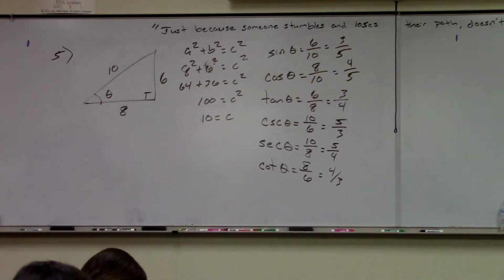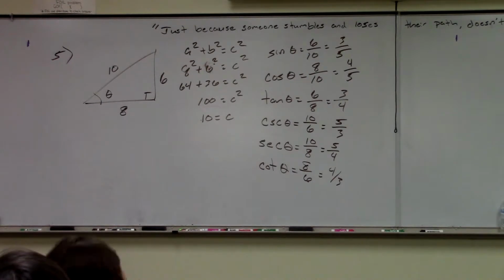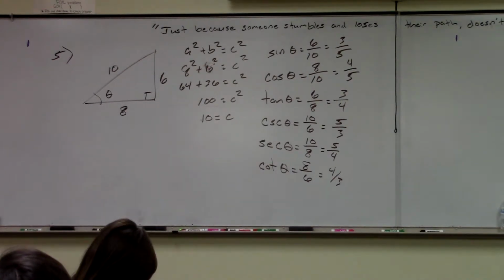Is that all of them? Is it just a flip though? The second group of 3 is just a flip of the first 3. That's it. Are we going to have to memorize those? That's why it's on your unit circle. Actually, no, you won't have to memorize them, but you'll spend enough time with them that hopefully it just becomes natural.